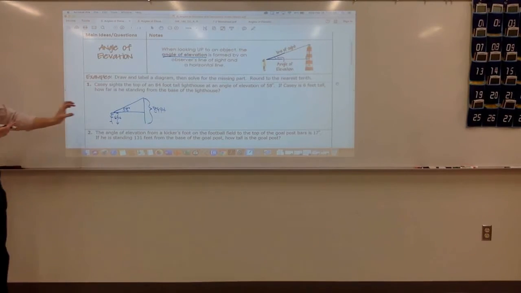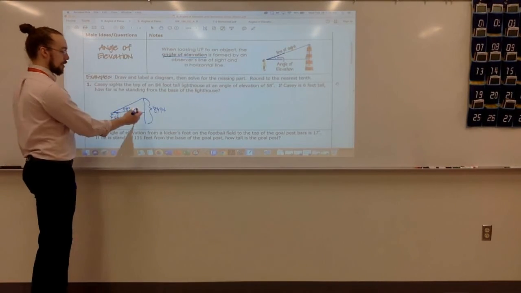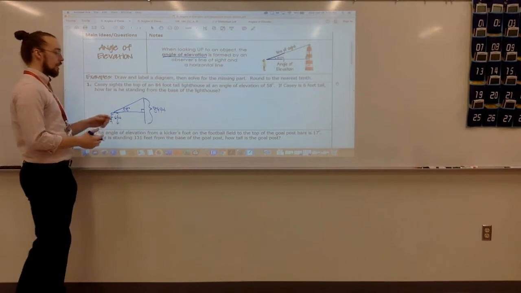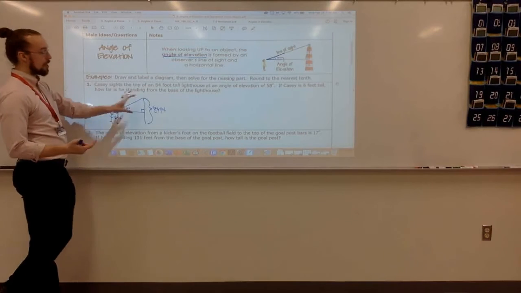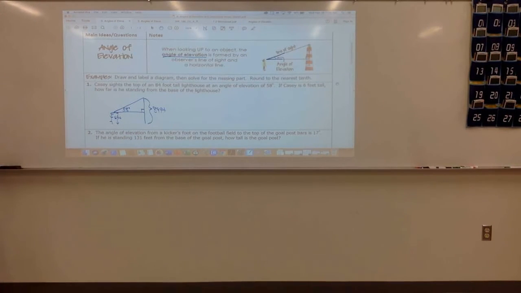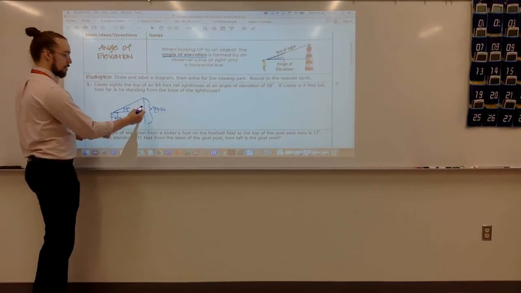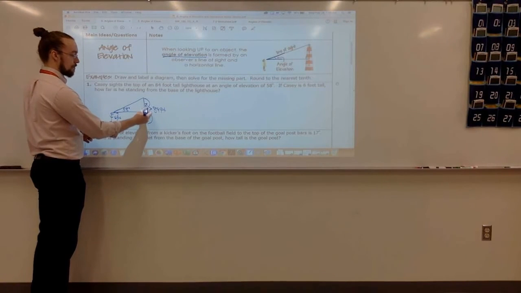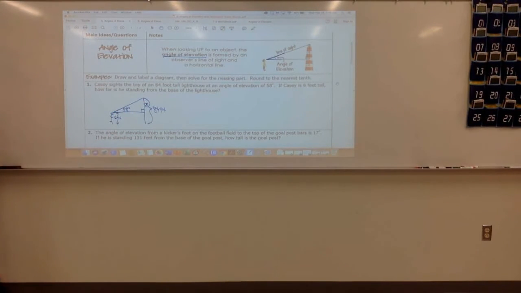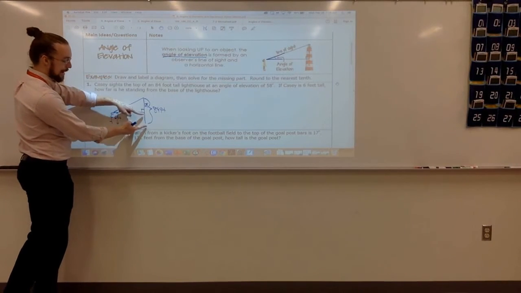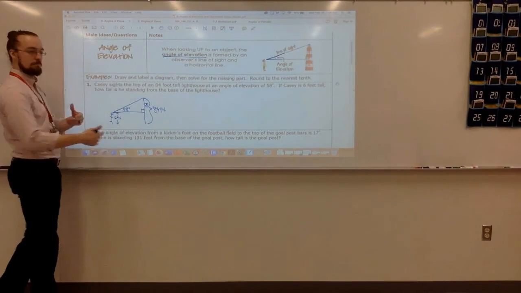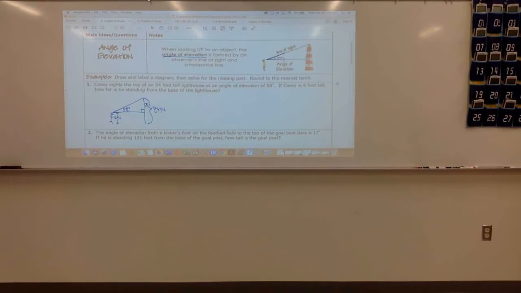What that means is this right triangle that I'm actually going to be looking at is going to be 84 minus 6. This side of the right triangle here that I know is going to be 78 feet. Okay, we're just taking the entire height of the lighthouse minus Casey's height to get this side of the right triangle in this problem.